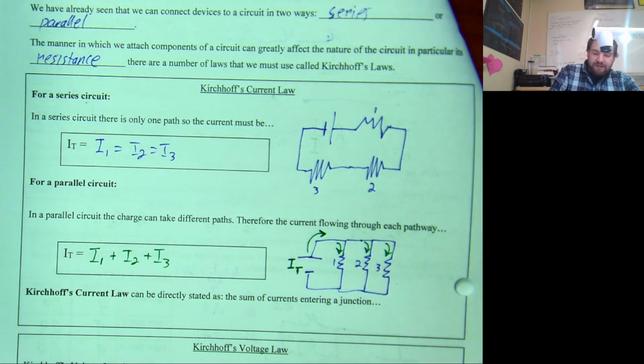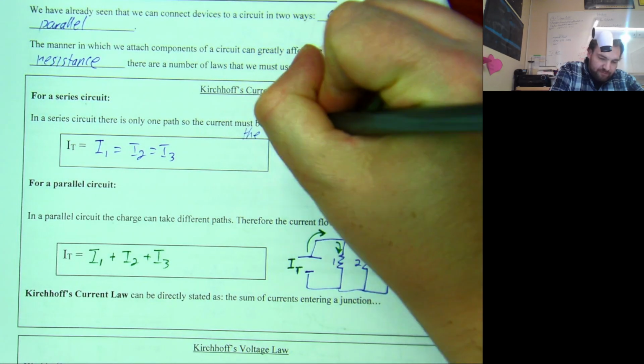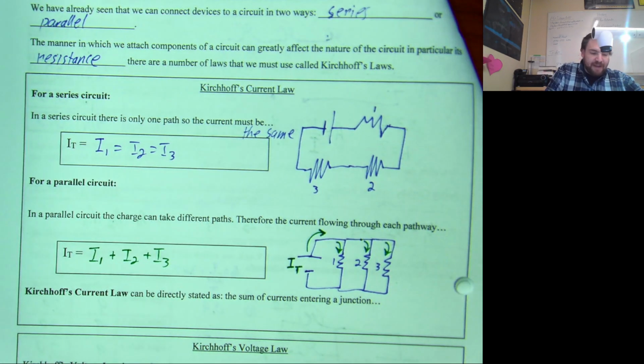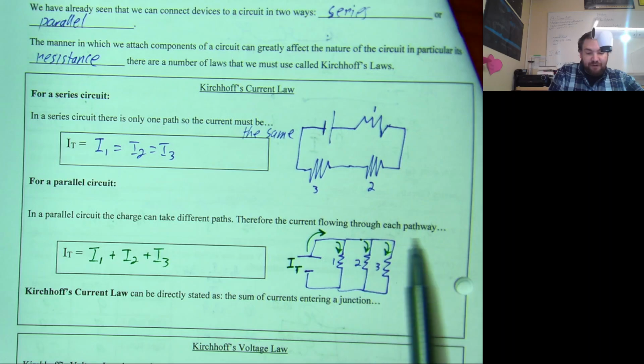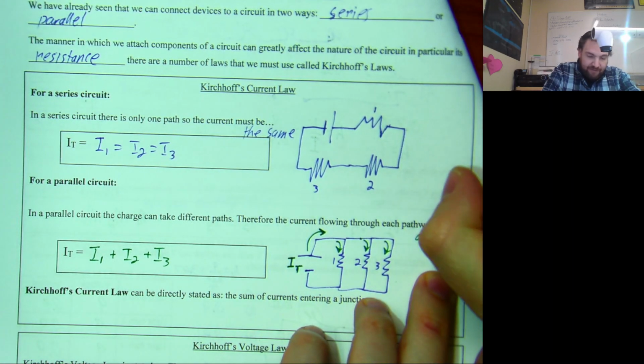So in a series circuit, the current must be the same. And in a parallel circuit, the currents flowing through each pathway add.